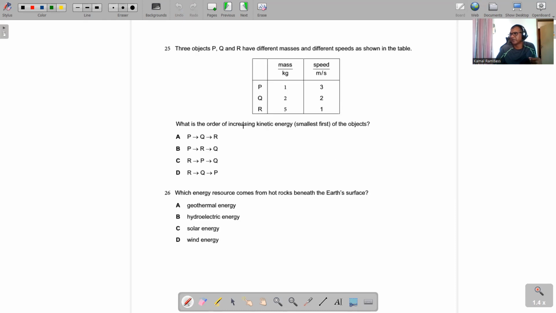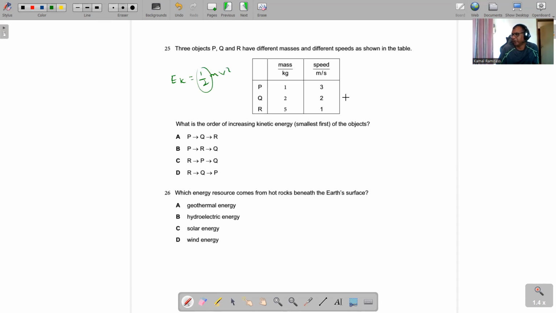Three objects, P, Q, R, have different masses and different speeds as shown in the table. What is the order of increasing kinetic energy, smallest first? Bon, mv square by 2, parce que kinetic energy, KE, is equal to half mv square. Bon, parce que nous pouvons comparer ça là, nous avons pour comparer mv square.